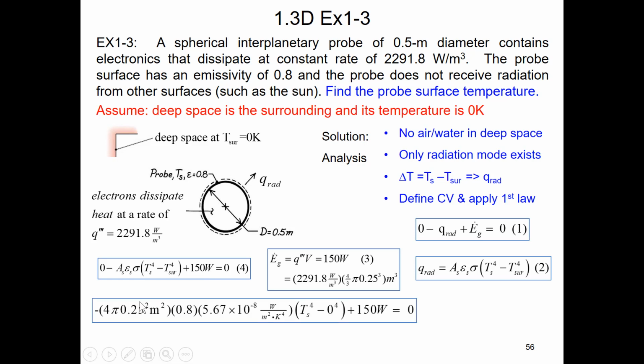Finally, we plug numbers into equation 4 to get 0 minus 4 pi r squared, which is area, times emissivity 0.8, times the Boltzmann constant with this unit, times the temperature Ts to the 4th power minus 0, then plus 150 watt equals 0.